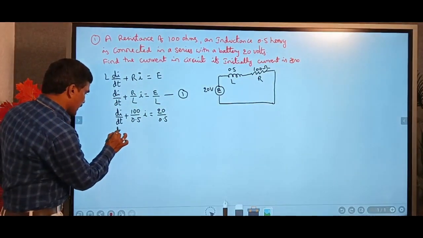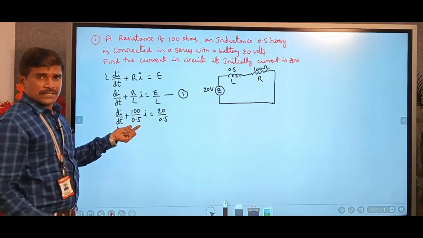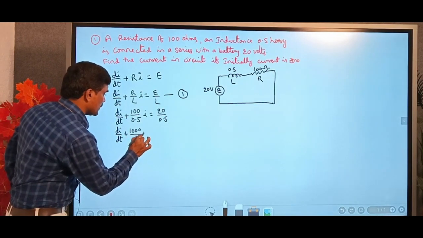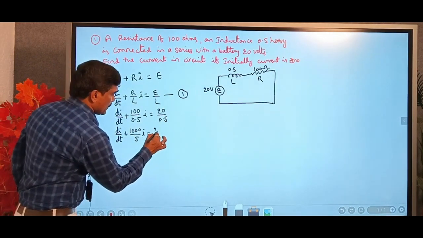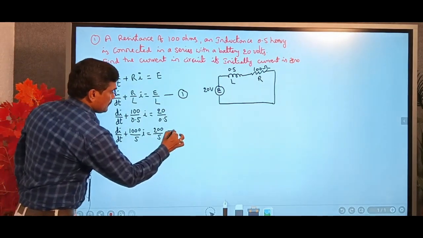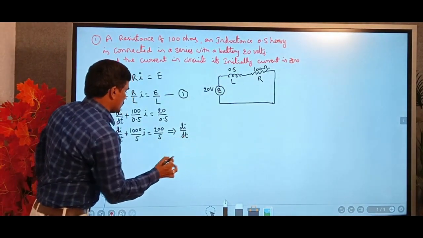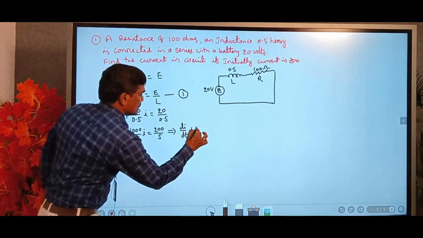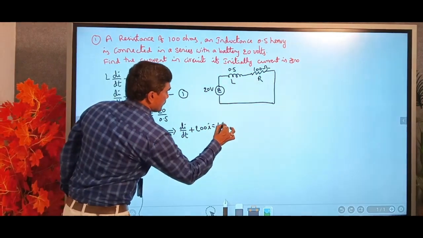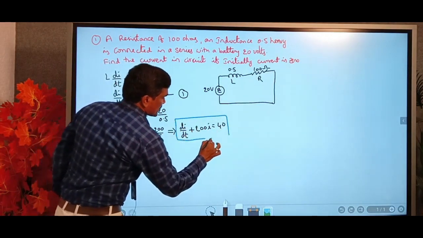Simplifying this, 0.5 can be written as 5 by 10, taking into numerator, we get 1000 by 5 into I is equal to 200 by 5. Now cancelling, di by dt plus 200 times I is equal to 40, right? This is the differential equation.